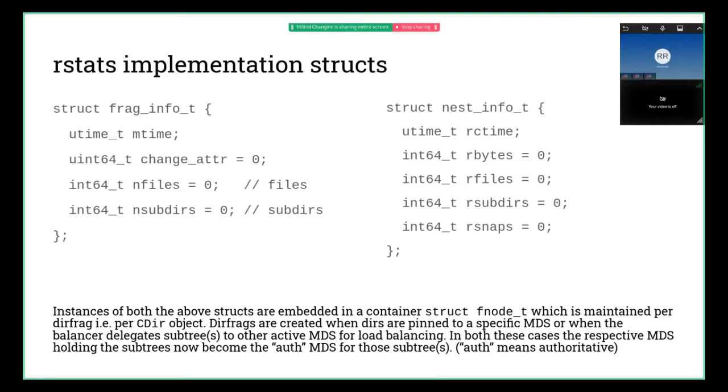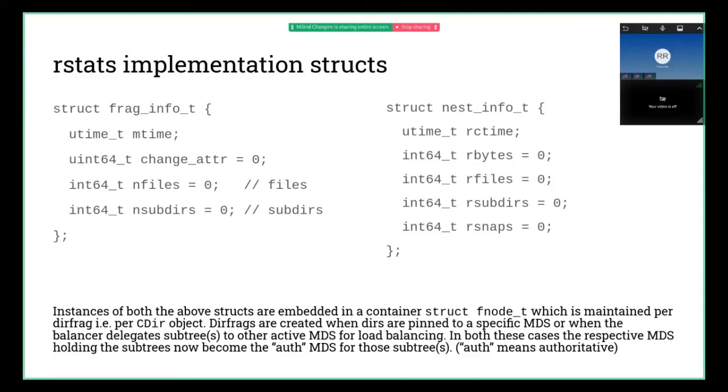These are the two primary structures used for the rstats maintenance, the frag info and the nest info. The frag info maintains information for one directory fragment represented by a cdir object. That is the information about immediate entries in the directory.